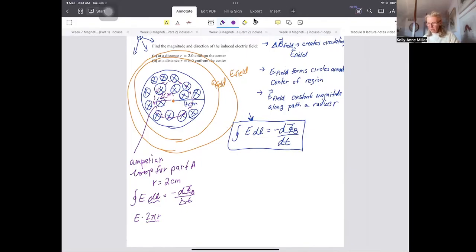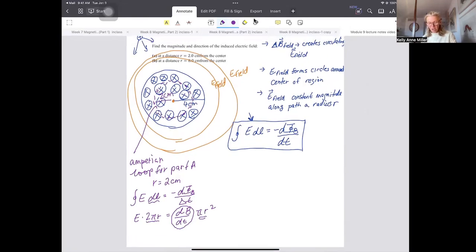And this is going to equal the change in field as a function of time, times pi r squared, which is the area. Remember that the field is changing as a function of time, but the area is staying the same.